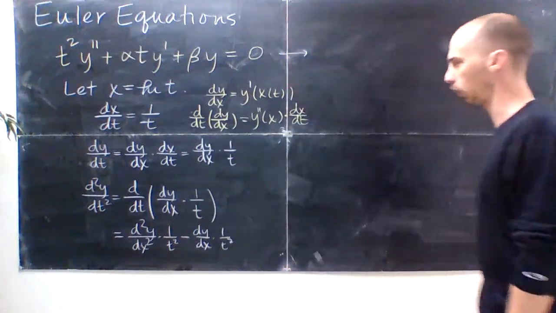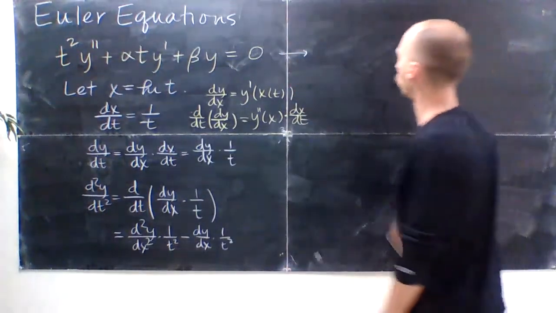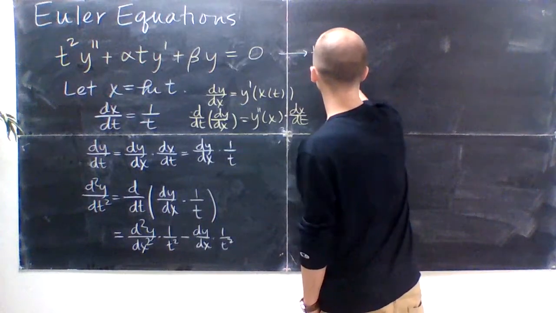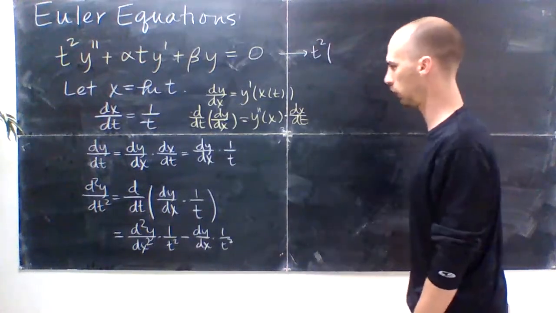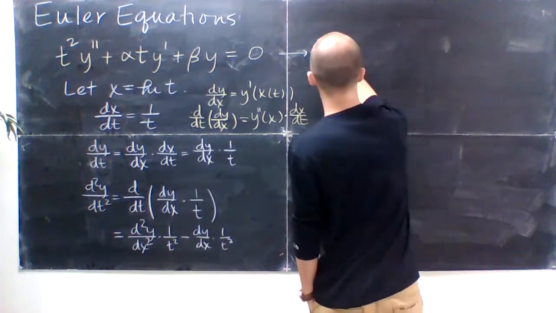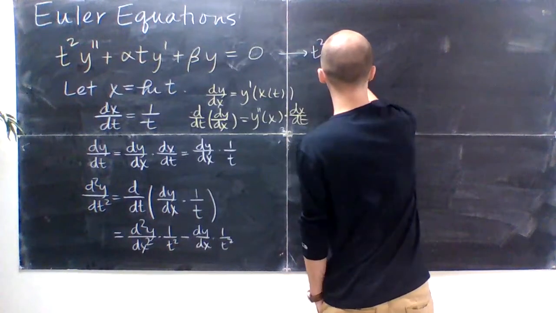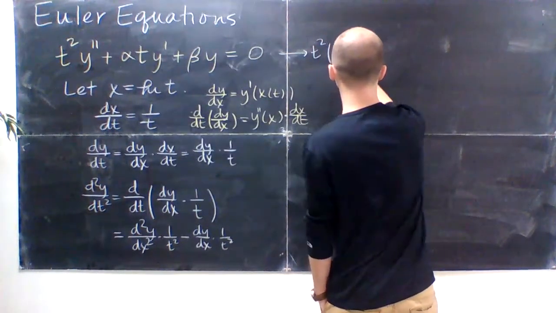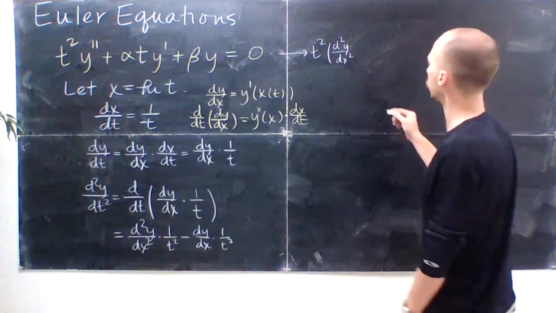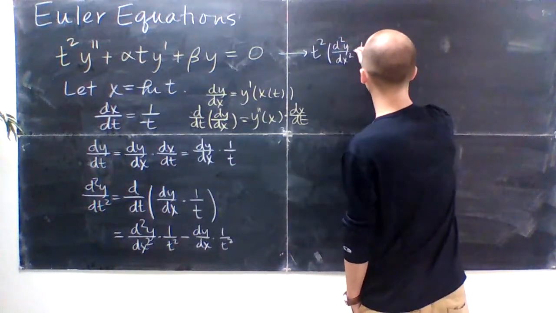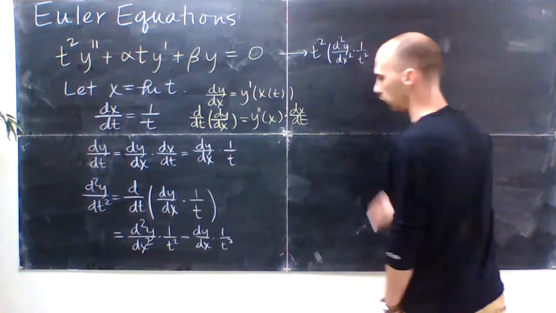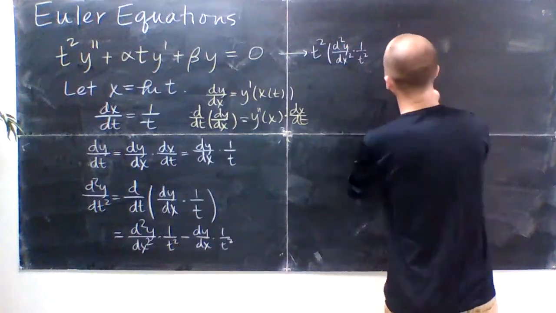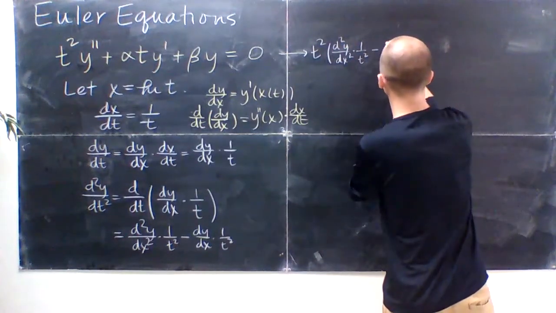After the transform, I have t squared times y double prime, and y double prime was the second derivative of y with respect to x both times 1 over t squared, that's promising, minus dy dx times 1 over t squared.